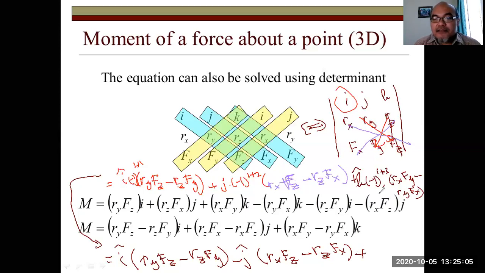Then plus k, minus 1 to the power of 1 plus 3 is 4, so it becomes positive: Rx Fy minus Ry Fx. If you look at this result, it is the same as the one written in the slide. So I usually use this determinant notation to calculate the result of the cross product vector.